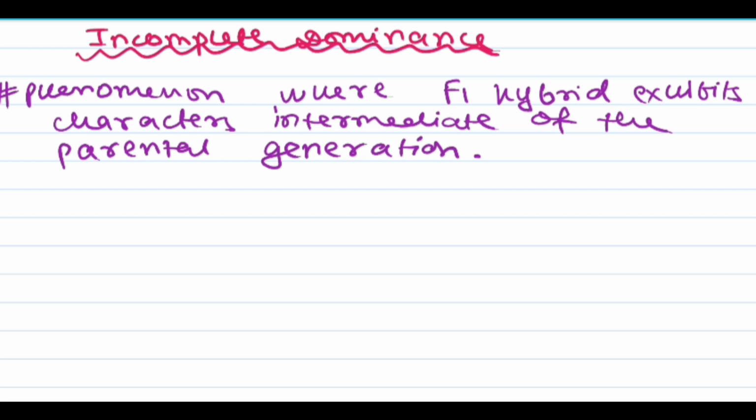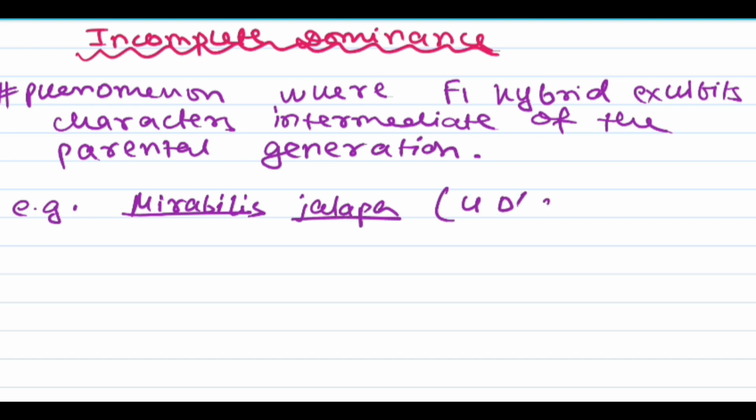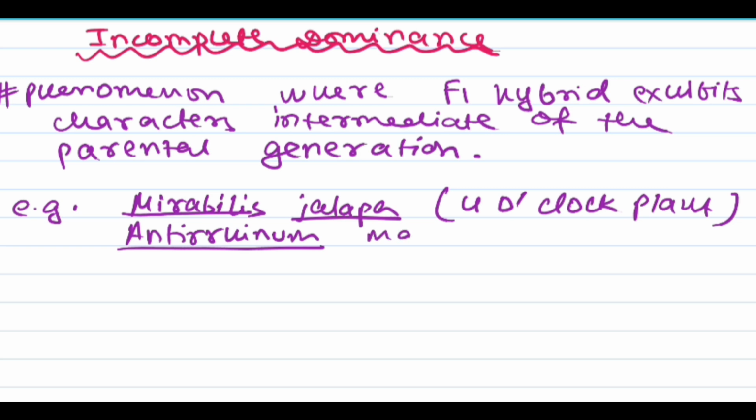And then where we see them, you will find this in plants like Mirabilis jalapa, which is also known as 4 o'clock plant, and Antirrhinum majus, which is snapdragon.